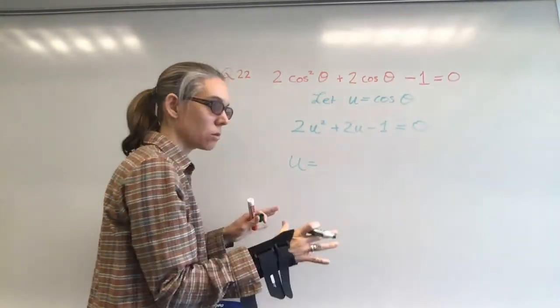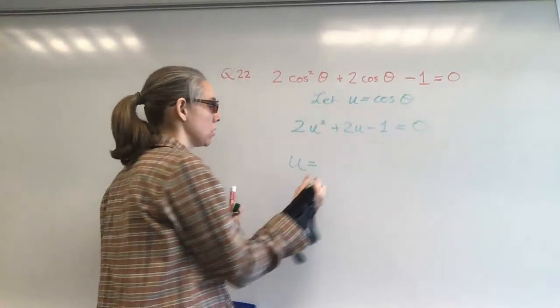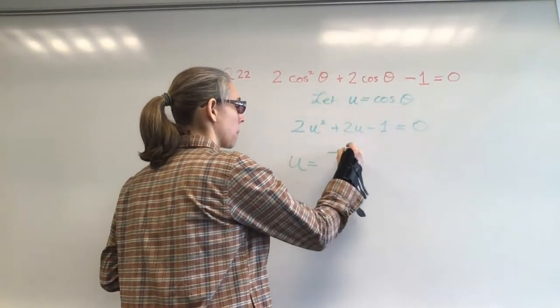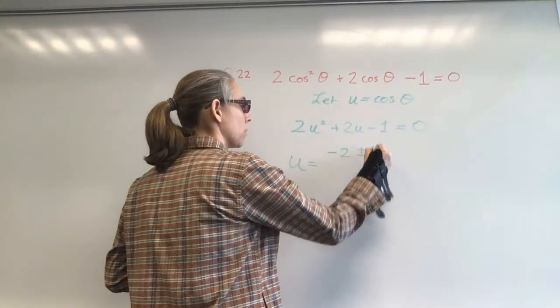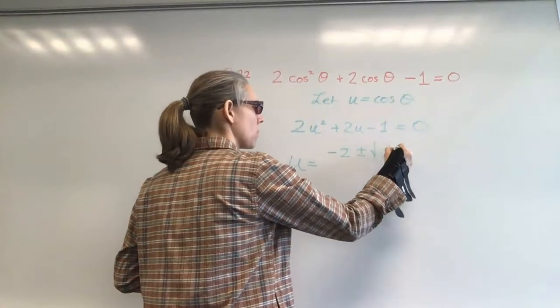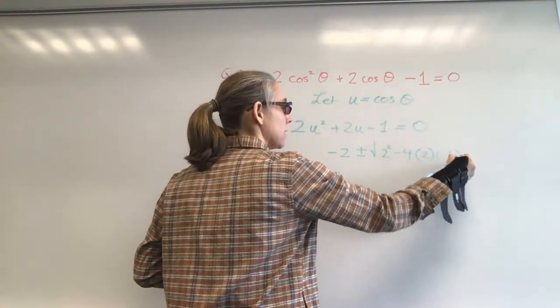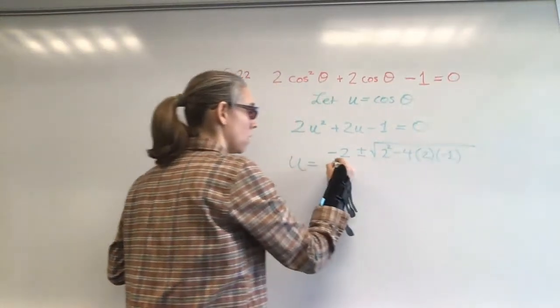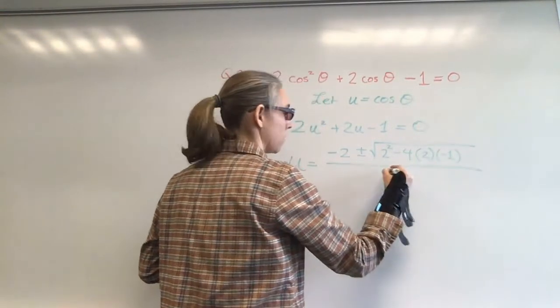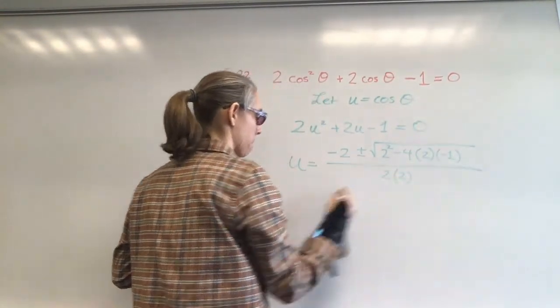Instead of x equals, we have u equals negative b plus or minus the square root of b squared minus 4ac, all over 2a.